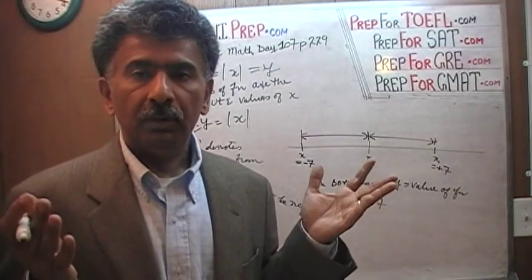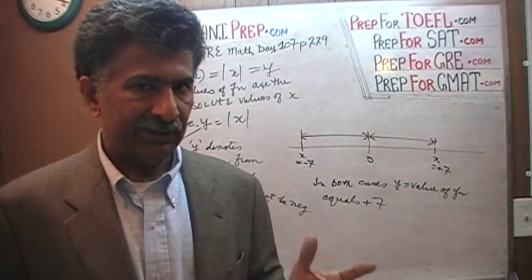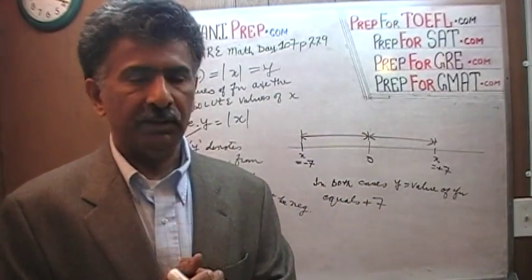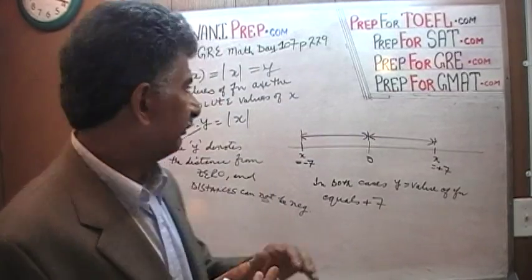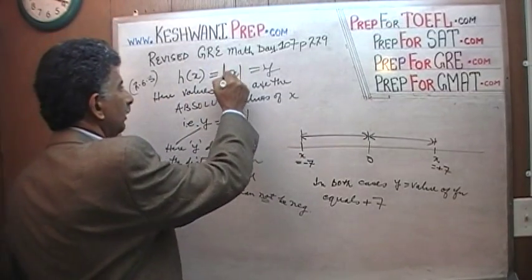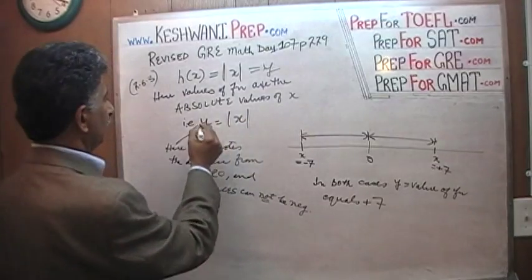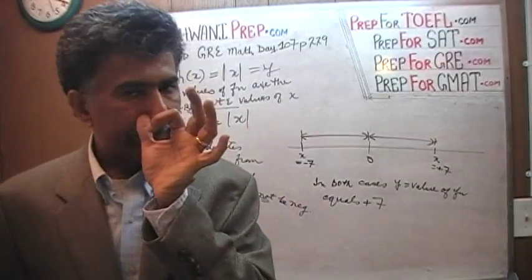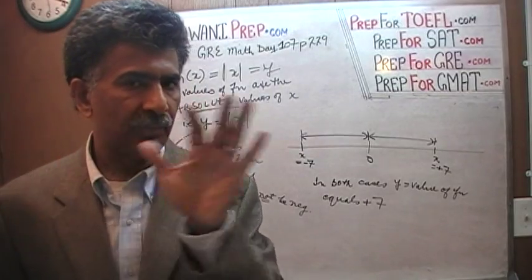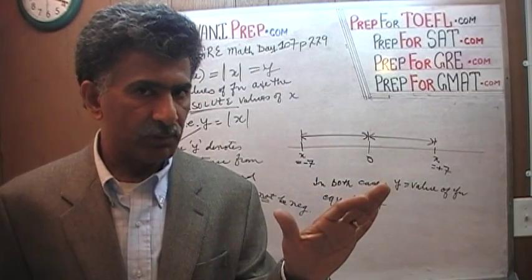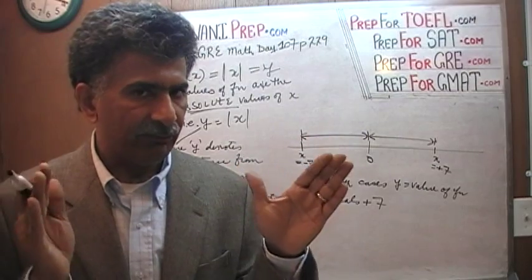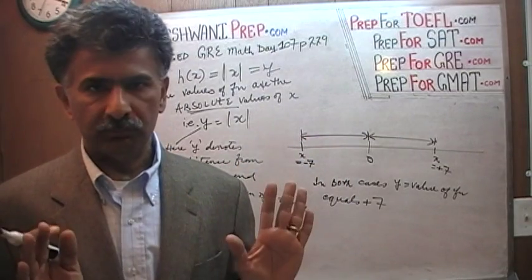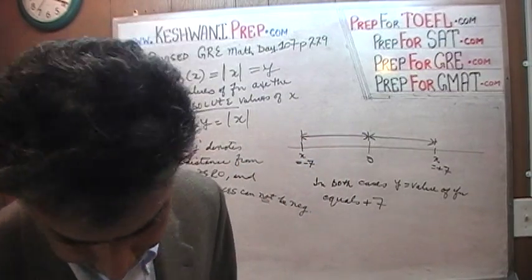So if you're conveying an idea that it is always a positive quantity, the way we do that in mathematics is by putting this symbol here, which is read as the absolute value. It is not whether it's to the left or the right of 0. Absolute value means how far it is from 0. The direction doesn't matter here.